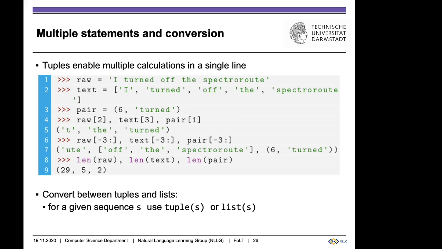In addition, we can make some transformations between tuples and lists. For example, we can use the tuple function to transfer a list to a tuple. Also, we can use the list function to go the other way around.